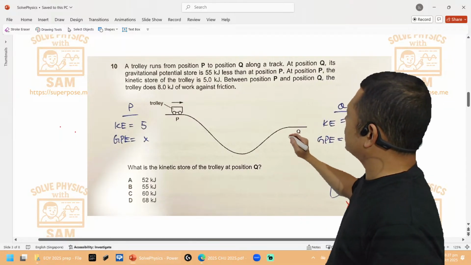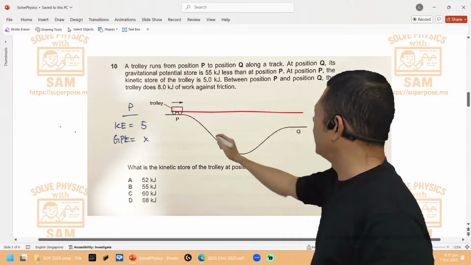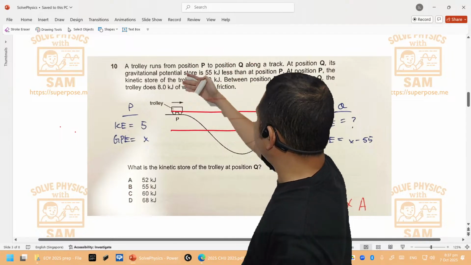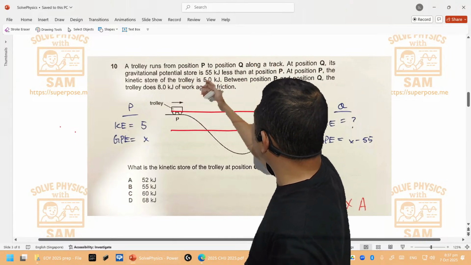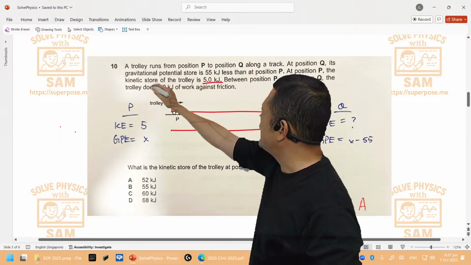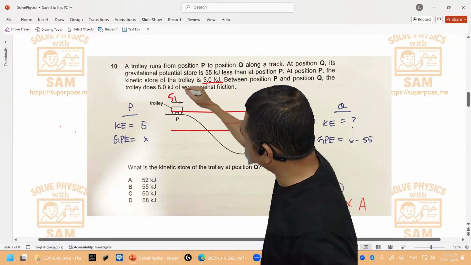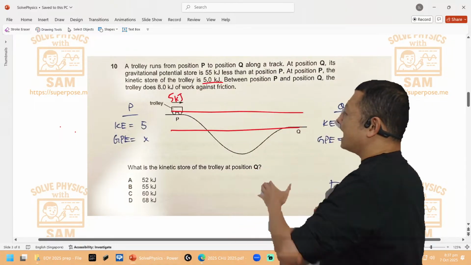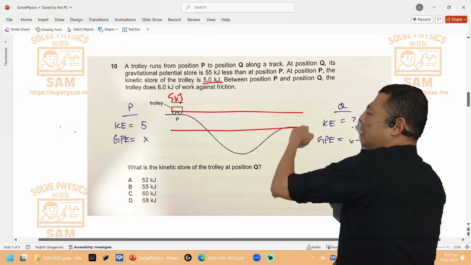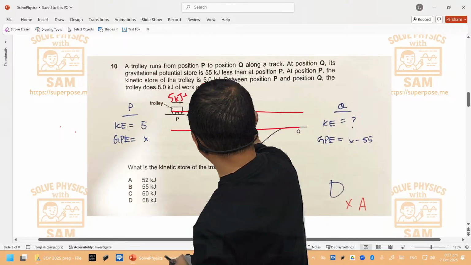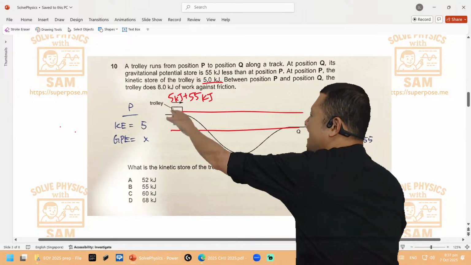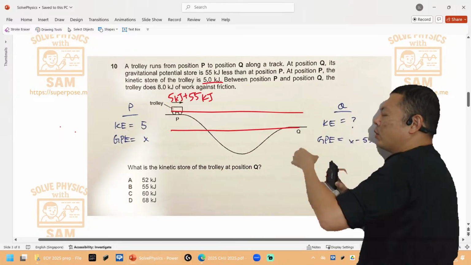So, down here, the idea is at position P it has 5 kilojoules of kinetic energy, so 5 kilojoules of KE. And then on top of that, it actually has 55 kilojoules more GPE than Q. So I'm going to write plus 55 kilojoules of GPE. Then this thing slides and goes over to here.